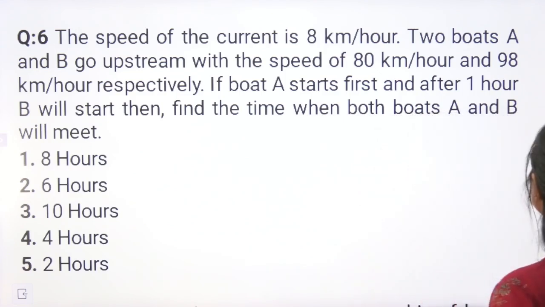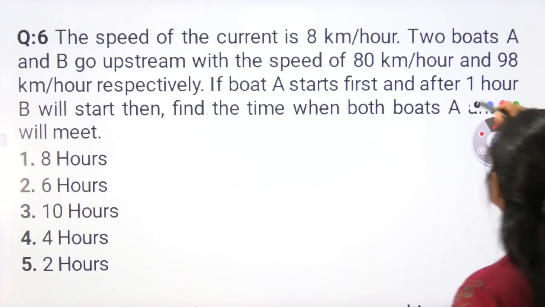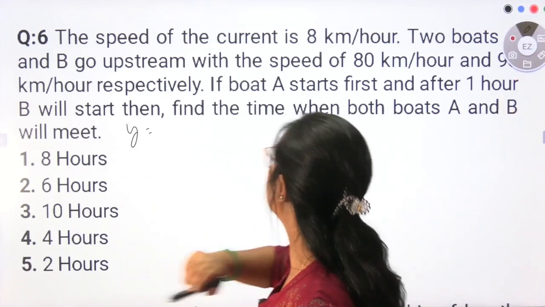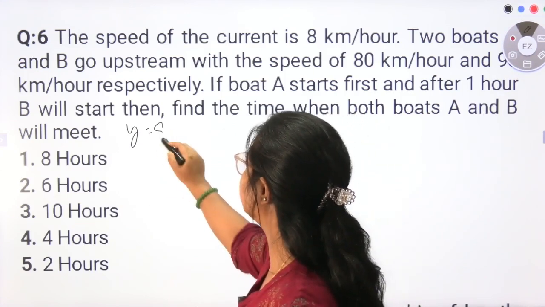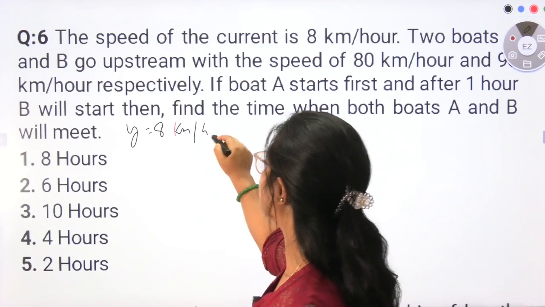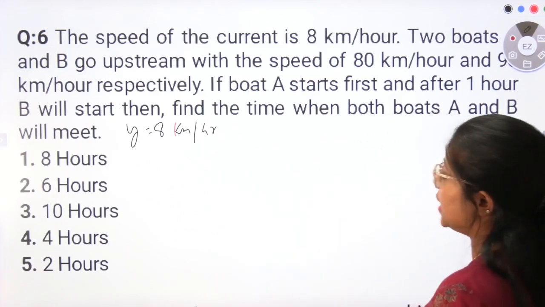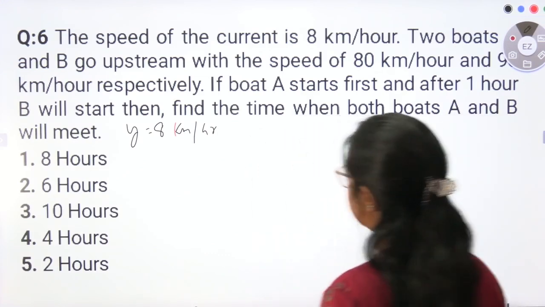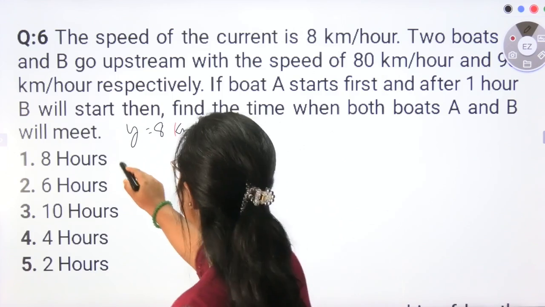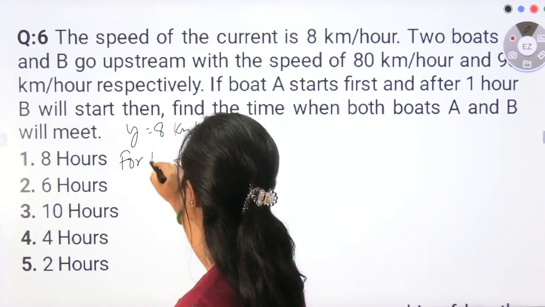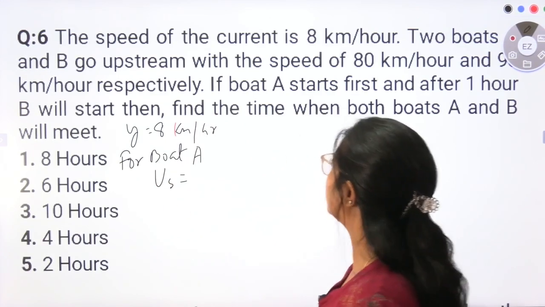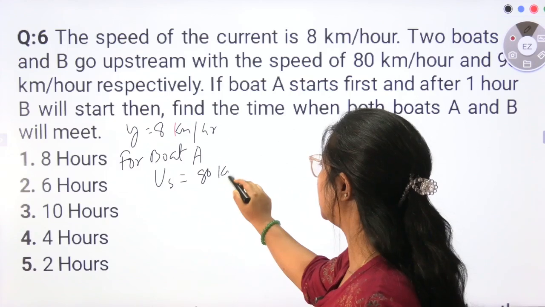So what are you given? First of all, you are given the speed of current. If we consider the speed of current as y, then y is 8 km per hour. And the two boats A and B are both going upstream. So for boat A, the upstream speed is 80 km per hour.